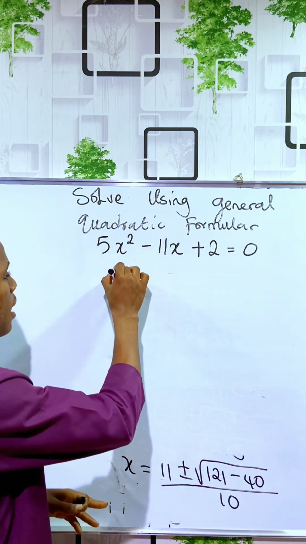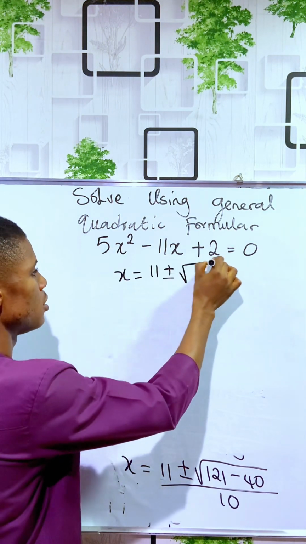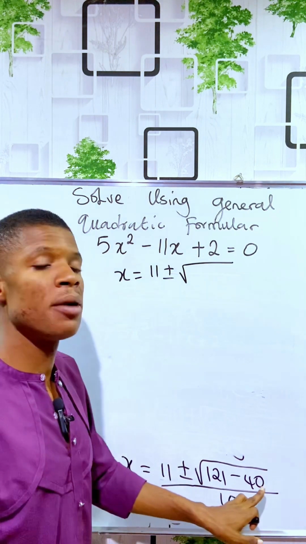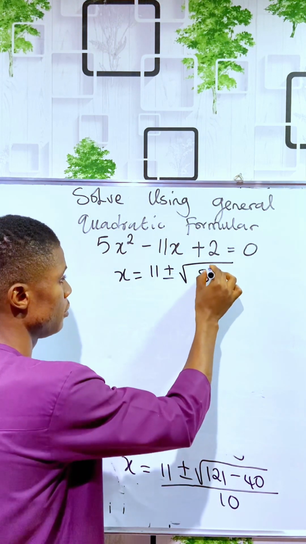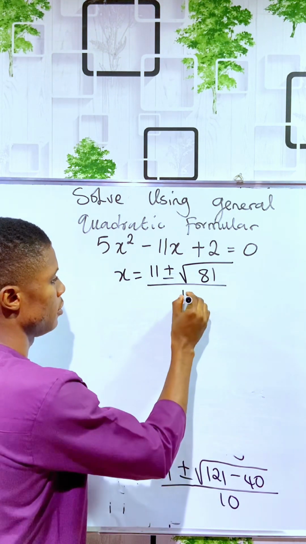The next thing is that x is equal to 11 plus or minus the square root of 121 minus 40, which is 81, divided by 10.